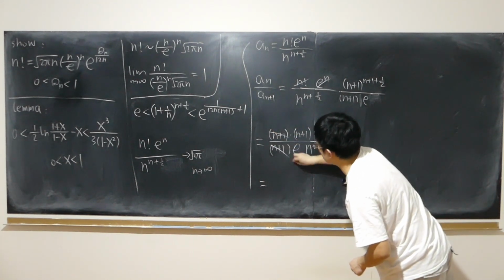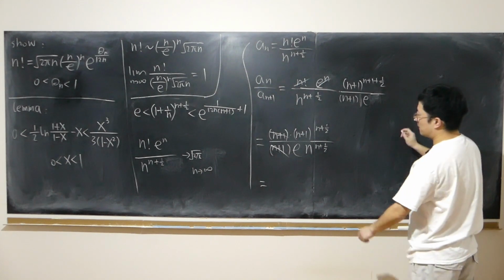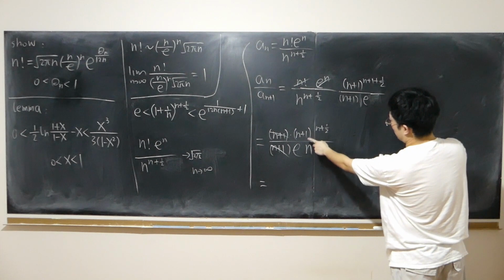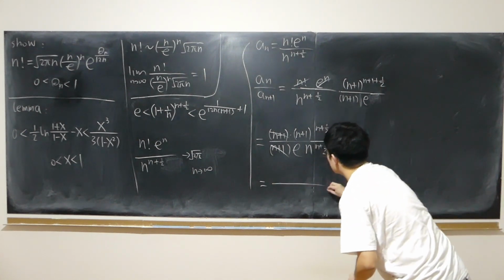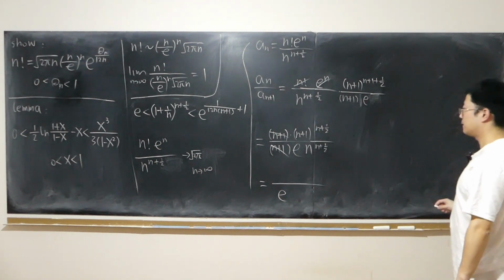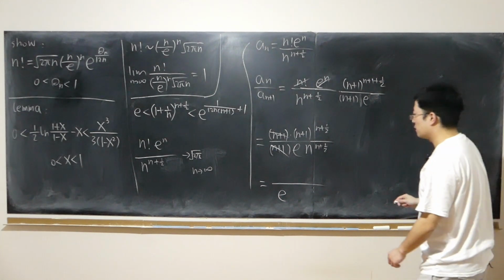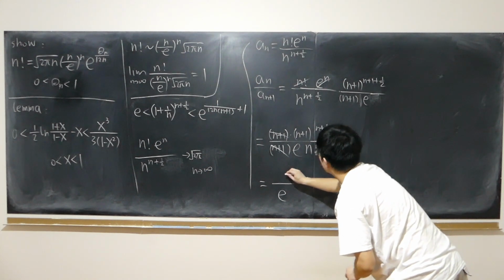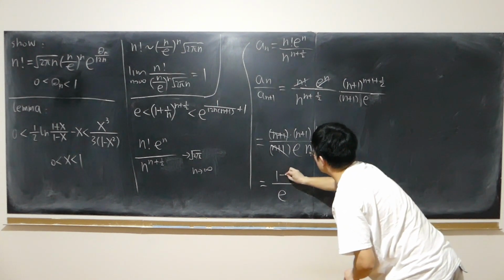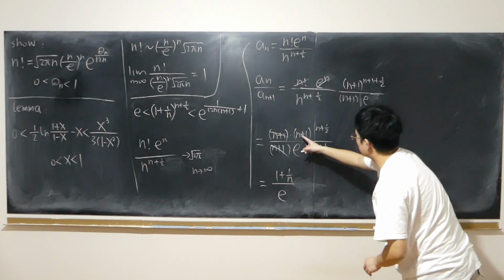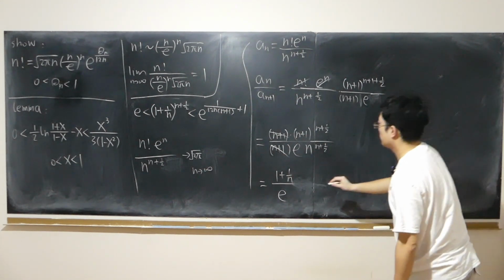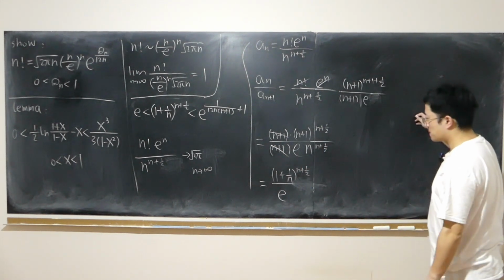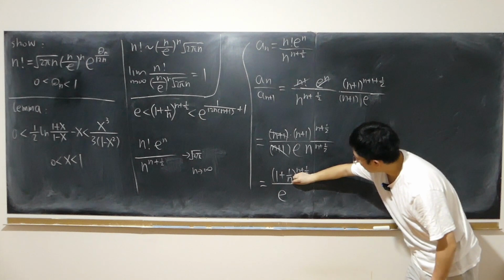That's equal to n plus 1 cancelled out. They have exactly the same power, n plus half, so I can combine the base. e stays, and the base will just become 1 plus 1 over n, and the power is n plus half. So this is what I have.